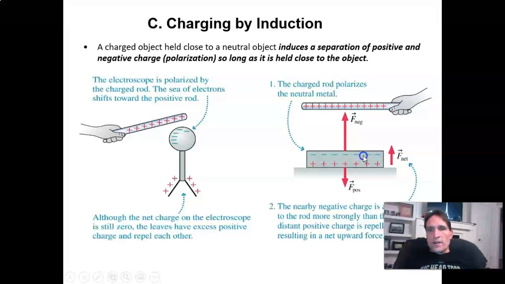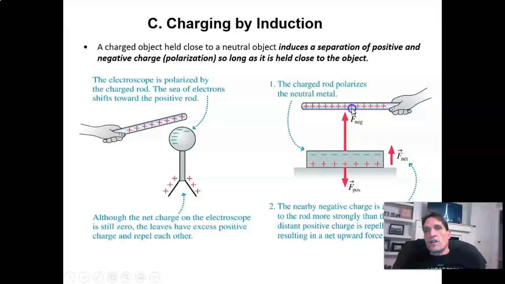And what's going to happen here is, if you look at the picture, the negative charge on the near part of the material is closer to the rod, and that's going to be more strongly attracted to the rod, then the positive charge is repelled because that's further away. And so you're going to experience a net attractive force toward the rod.